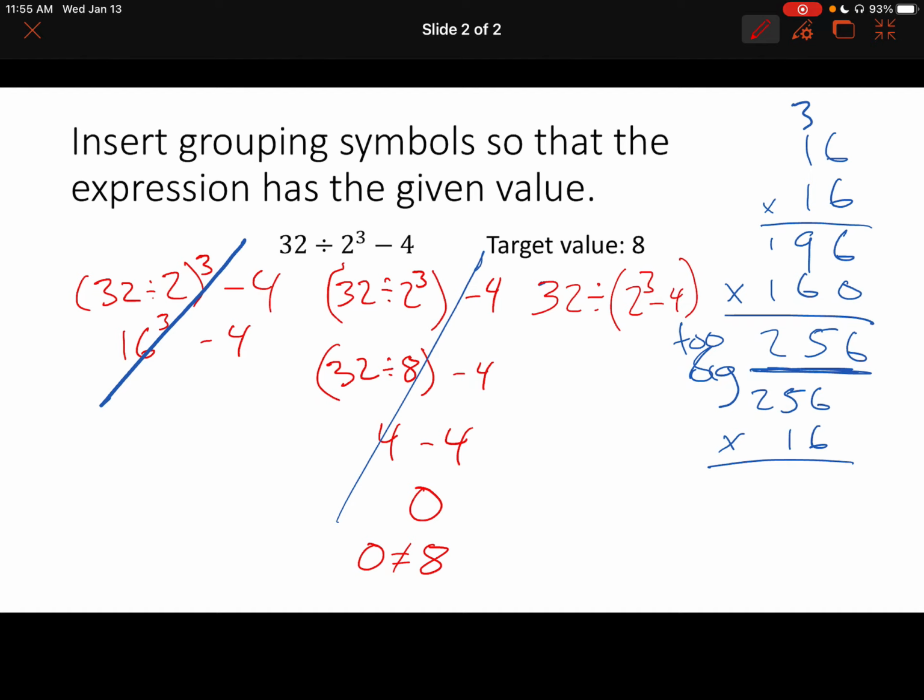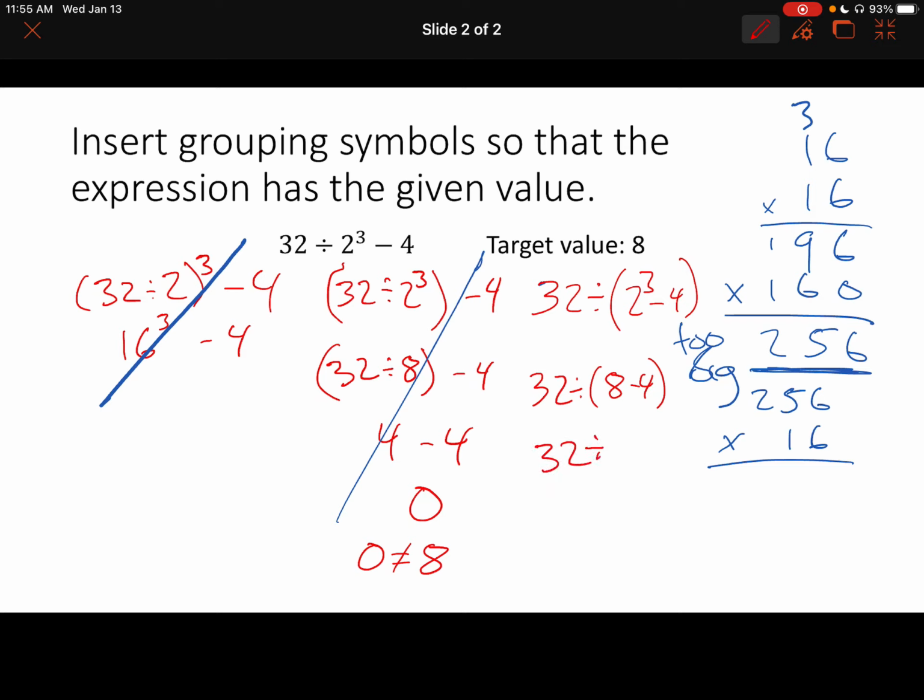But if we put the parentheses in a different spot, 32 divided by, now put the parentheses here, 2 to the third minus 4, this does change it, right?